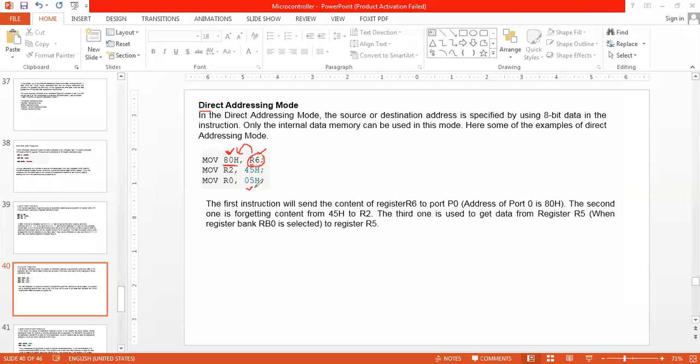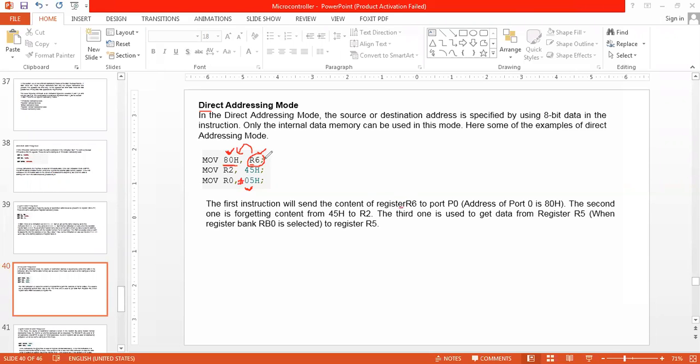Direct addressing mode means I'm going to write a direct address here. So 05H is an address now. It is not data because I have not put any hash symbol here. So the instruction will send the content of R6.